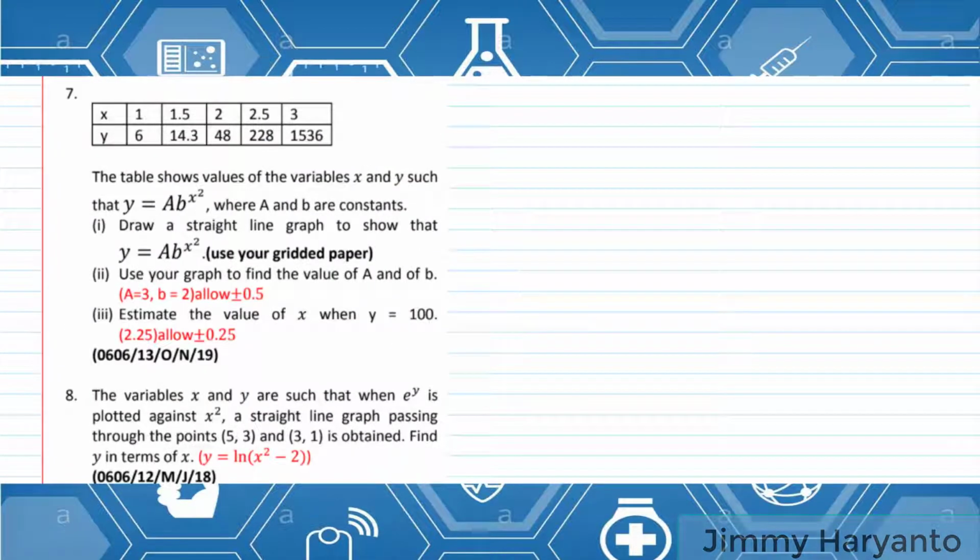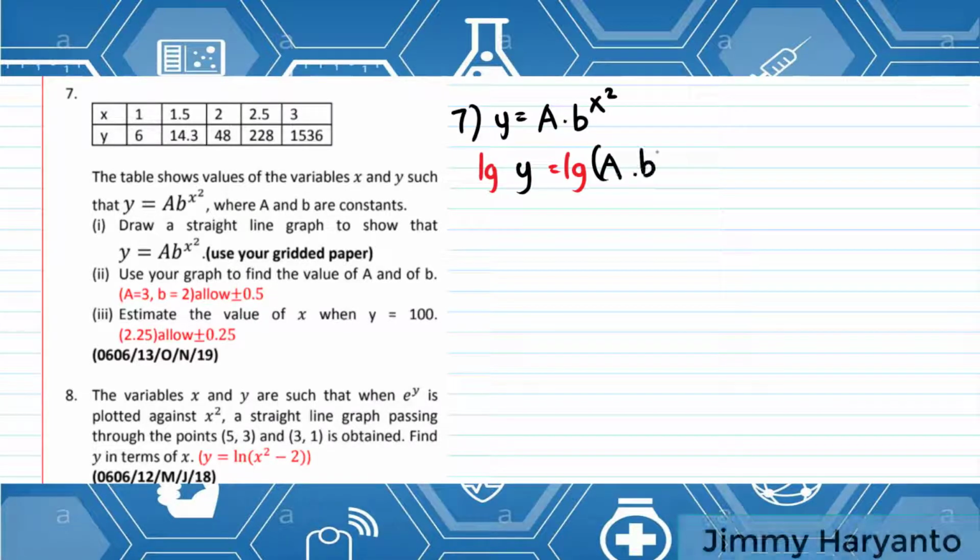Next, number 7. The table shows x and y, where y equals a b to the power of x squared. So I will convert this original equation first by putting LG on the left side and LG on the right side: LG y equals LG of (a times b to the power of x squared).